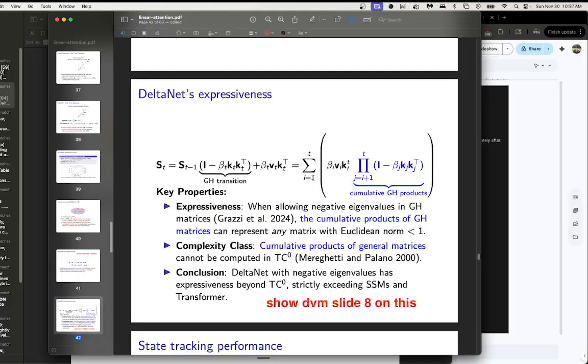Basically, for every token, for I through T, for every token I, we are going to compute the key value mapping that we want to add to our state matrix. Then starting from I plus 1, going to T, so for all future tokens, we are going to compute the cumulative product of the householder transition matrices, and then multiply that by our token here.